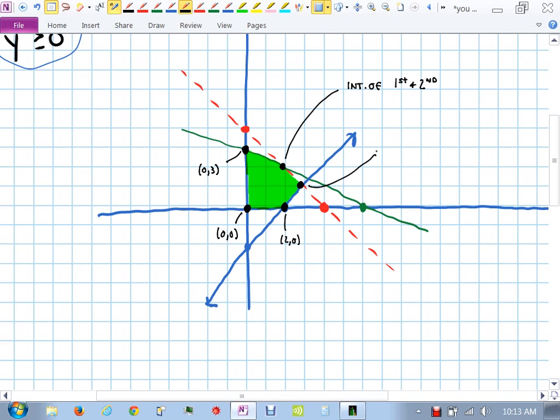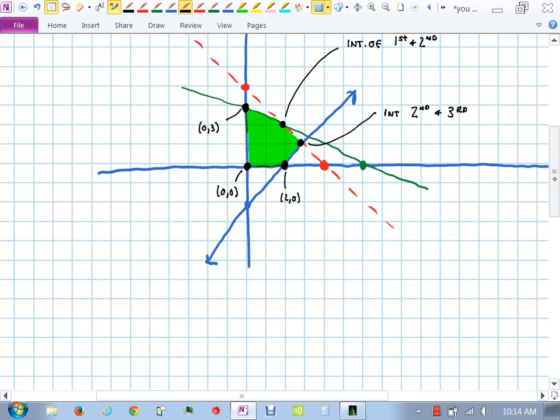And then this one is the intersection of the second and the third. Do y'all see that? So that means we have to go solve systems of equations now. The first system we're gonna solve is when we take the first and second equations and solve those together. Any questions?